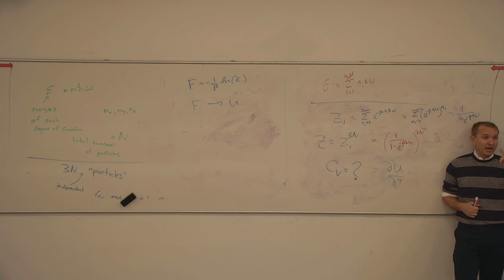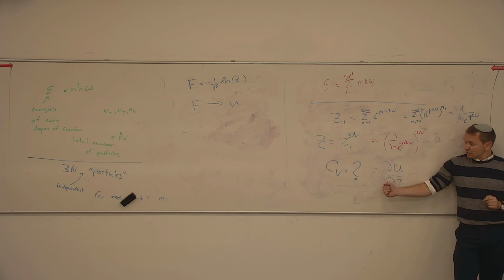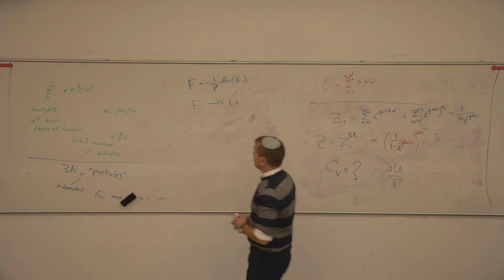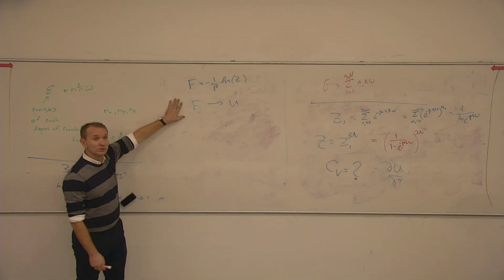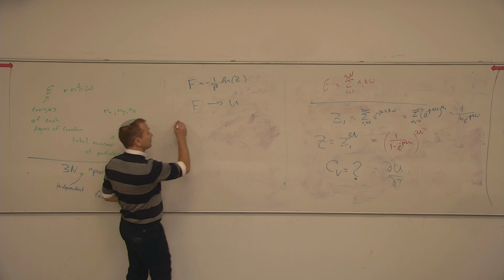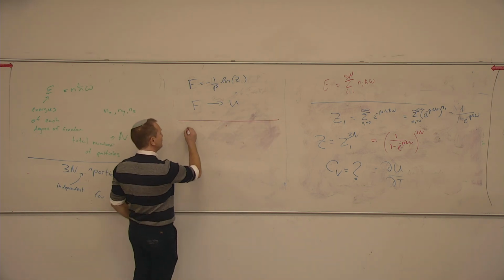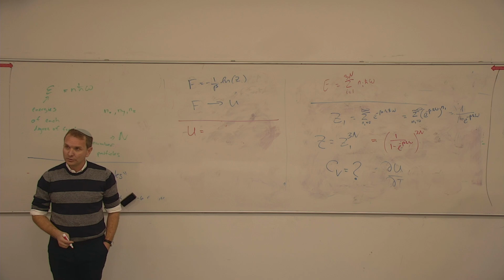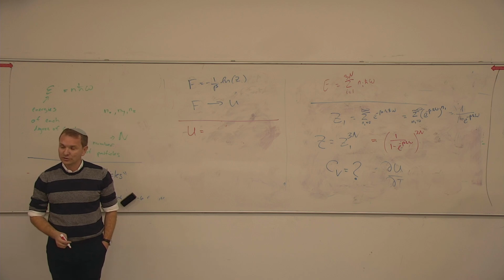I need to compute the average energy of the system and take the derivative of the average energy of the system with respect to the temperature. Again, you can use the formulas that you already derived during thermodynamics class, or you can say the following. What is U? U is the average over the whole system.